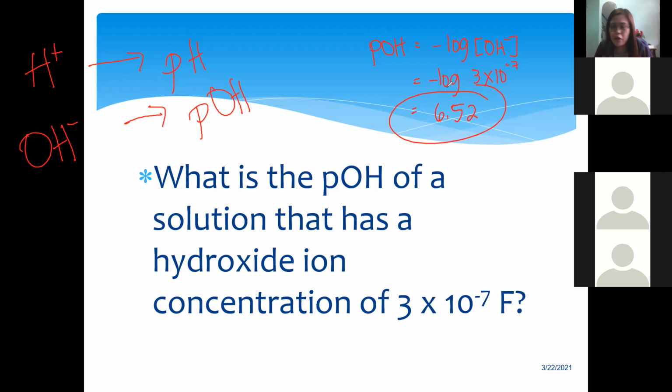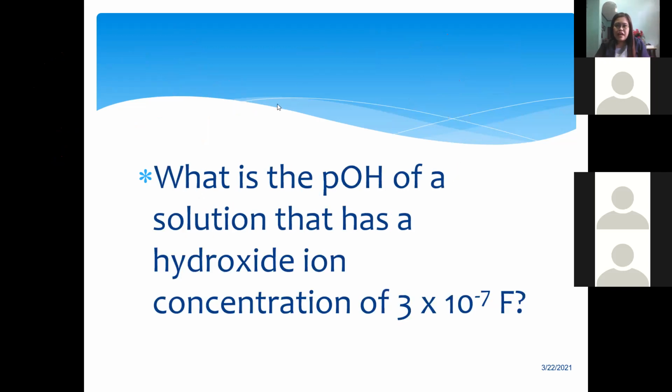When it comes to POH, you cannot use the POH value to determine whether acidic, basic, or neutral yung substance. Kailangan mo muna i-convert si POH into pH. So later, we will also discuss how to know the pH of the solution if given si POH. Okay? So I hope klaro yon siya.